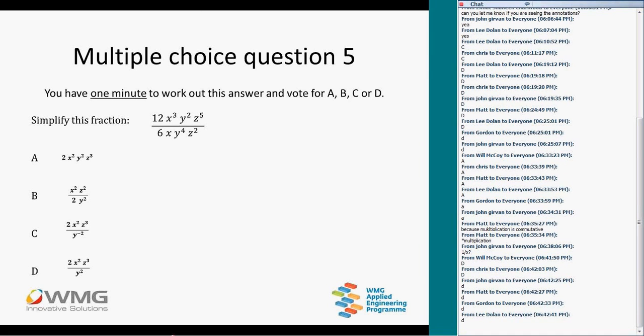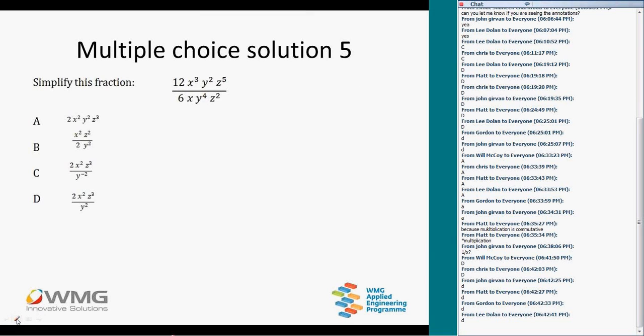Rather than writing it out in full, 6 from here, so I'll be left with a 1 there. So 6 goes into 12 twice. I'm still left with 1 of the x's here, so I'm still going to have 2 of them left over. 2 y's from here will cancel 2 of them from here, so I'm still left with 2. 2 z's will cancel with 2 from here, so I'll be left with 2 in the numerator.